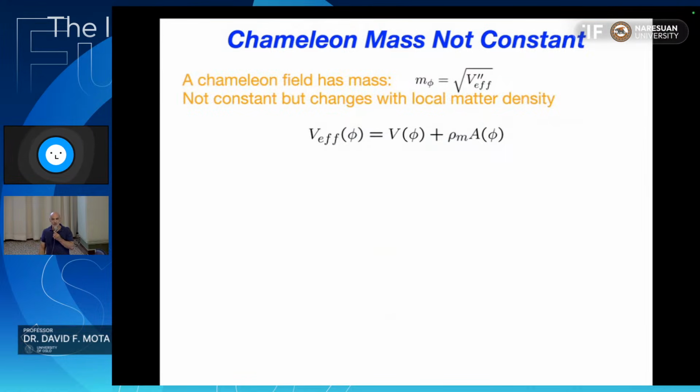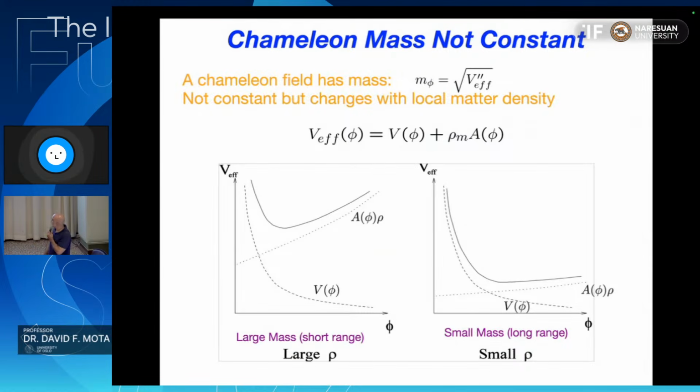In the chameleon screening mechanism, the mass of the scalar field is not a constant anymore. You don't associate a constant mass to the field, because the mass is the square root of the second derivative of the effective potential. And now my effective potential depends on rho, the matter density where we live.